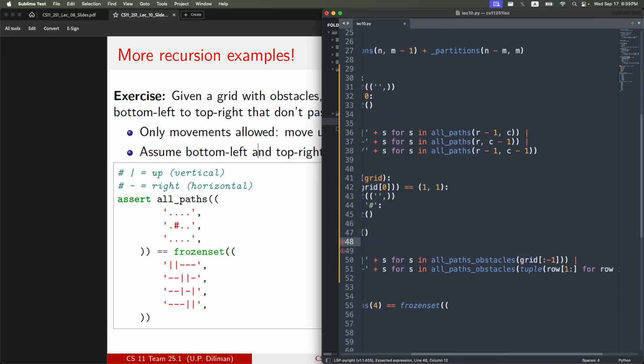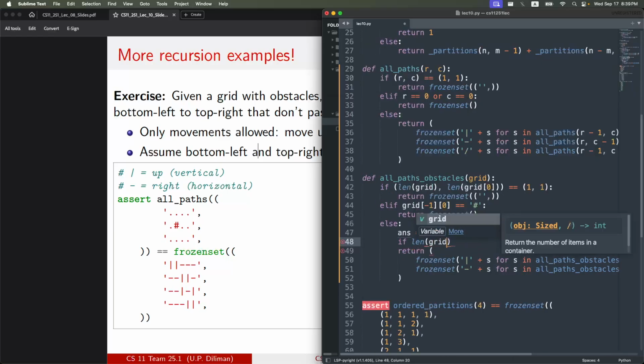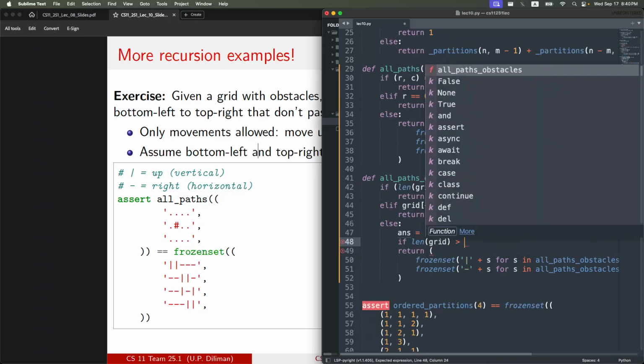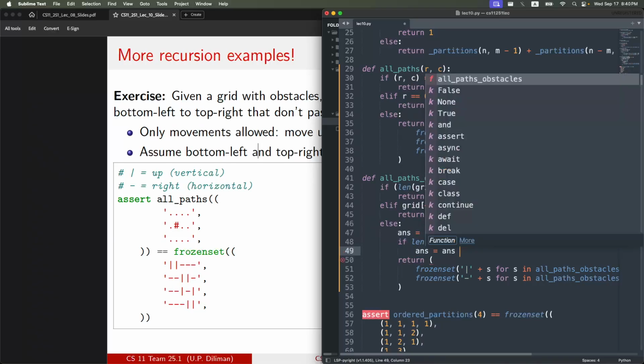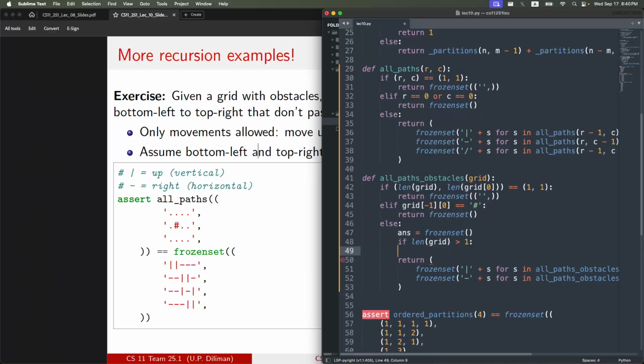If len of grid is greater than 1, no, how do we do this?